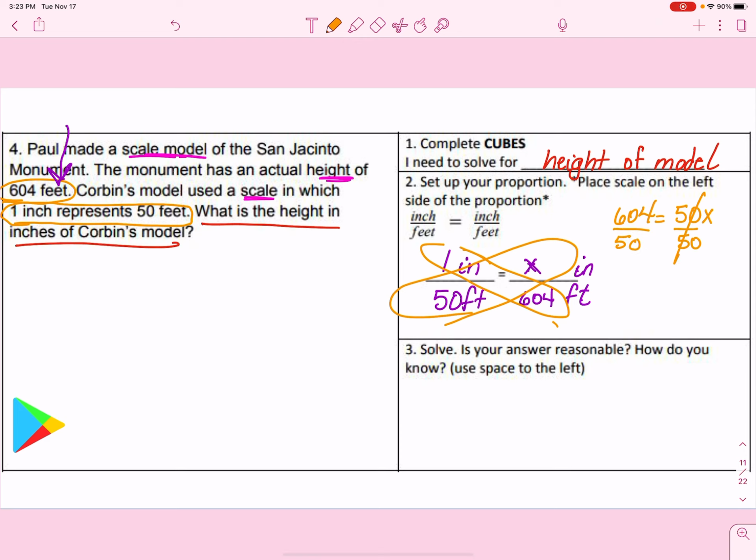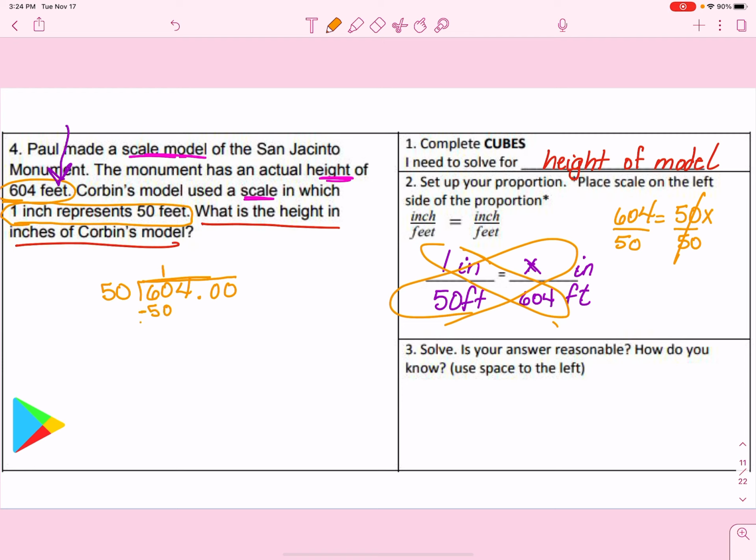so that this cancels. When we divide that out, we have 50 into 604. I'm adding zeros because I can already tell it's not going to go in there evenly. 50 goes into 60 one time.